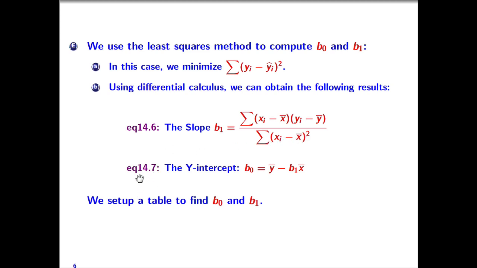And equation 14.7, the y-intercept is b0 equals y bar minus b1 times x bar. And we will set up a table to find this b1 and then find b0.